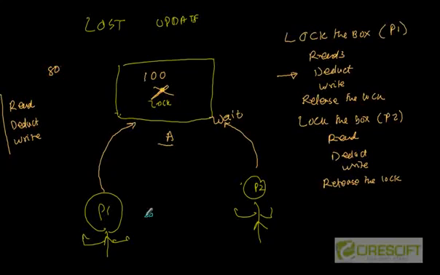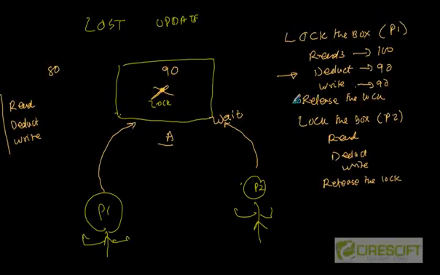First P1 is going to go to the box. P1 reads, so P1 got 100, deducts 10, 100 minus 10 becomes 90, and then P1 writes that 90. So after P1 releases the lock, the value is no more 100, the value is actually 90.